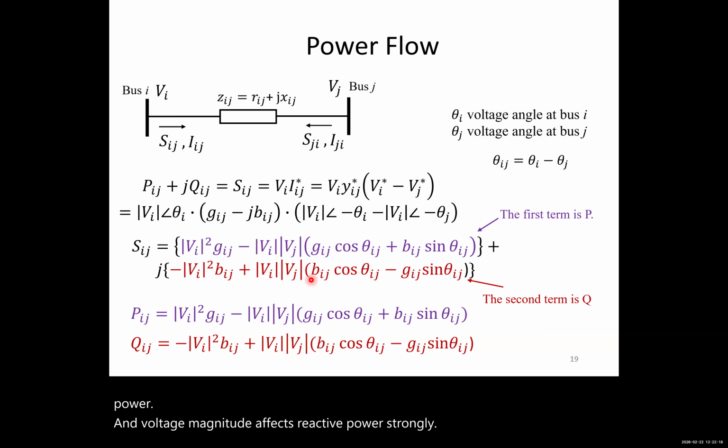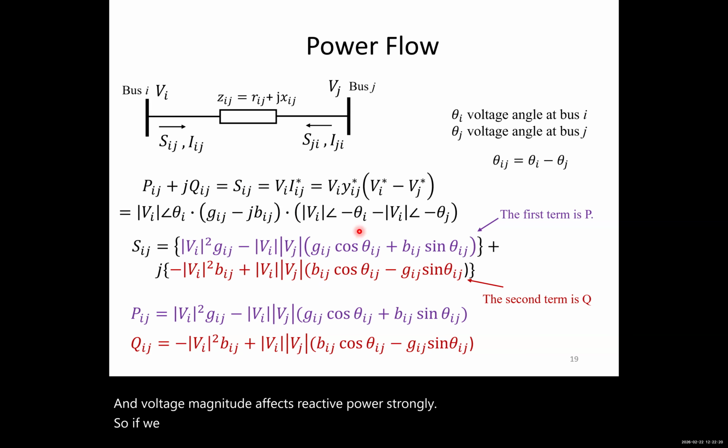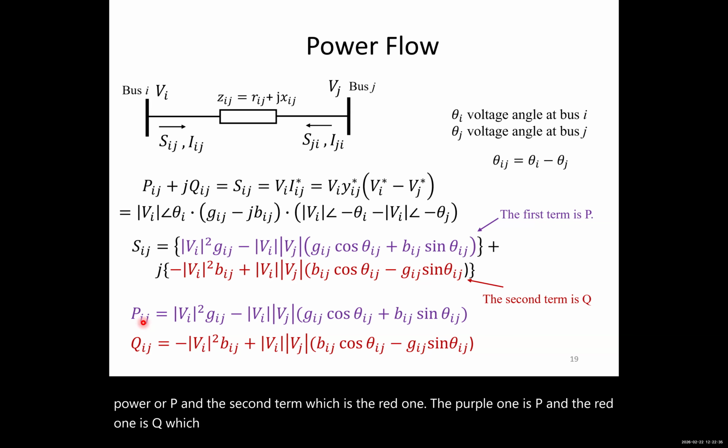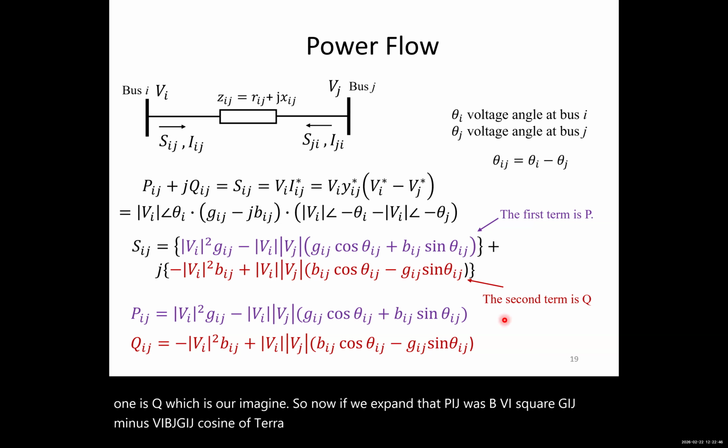If we expand this, we just multiply these. The first term would be the real power, P, and the second term, the red one, is Q, which is our imaginary part. So if we expand that, Pij would be Vi squared Gij minus Vi Vj times Gij cosine theta ij plus Bij sine theta ij.